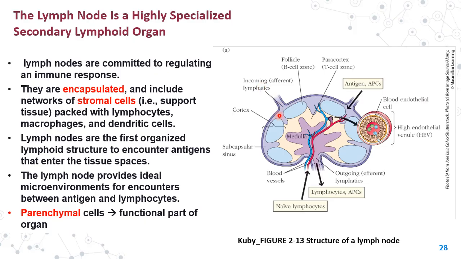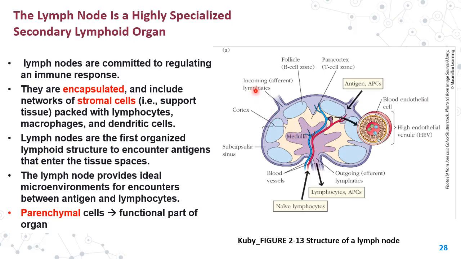You have to have a space that the fluid is going to get inside. So this space here, you call the subcapsular space or subcapsular sinus. Okay? So then you have the outer part, that is the cortex. You have a part close to the cortex that you call the paracortex. And then you have the center they call the medulla. And inside the medulla, you're going to have more spaces for flow of the fluid. So you call those medullary sinuses. They're not shown here, but we're going to get to that.